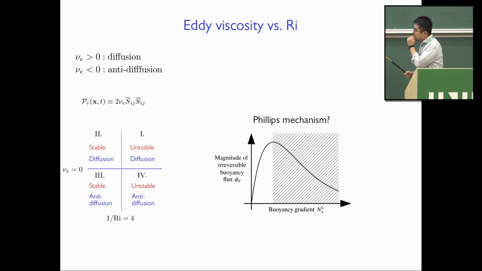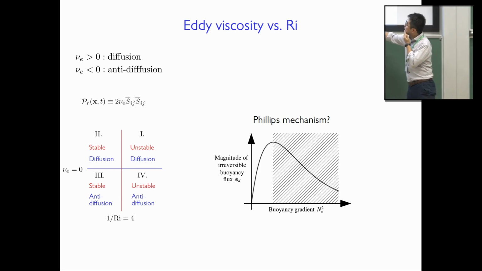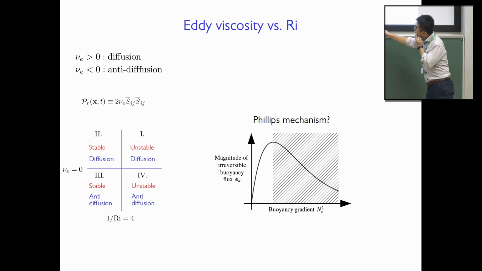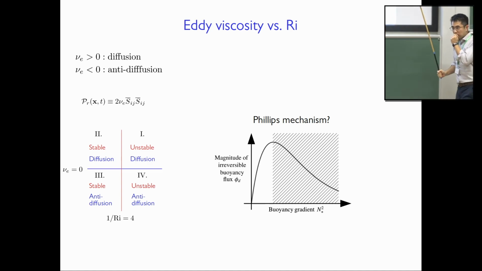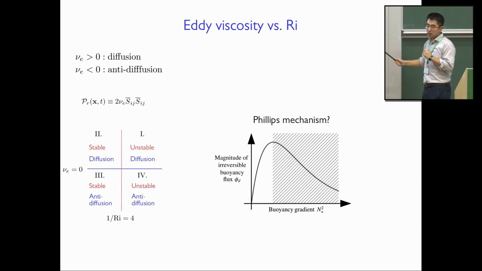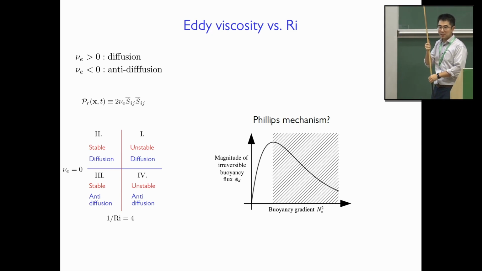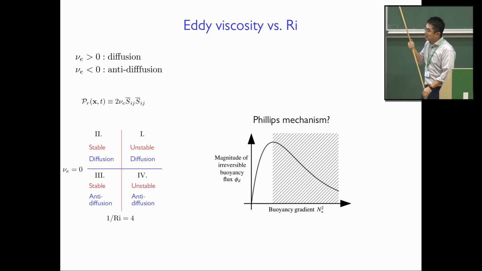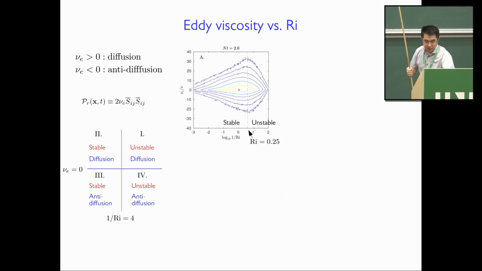So my expectation before I saw my data is that you will see lots of data points in quadrants 1 and 3, if you buy the Phillips mechanism. I don't know how many in the room will say the same thing, perhaps. So the data surprised me a little bit.